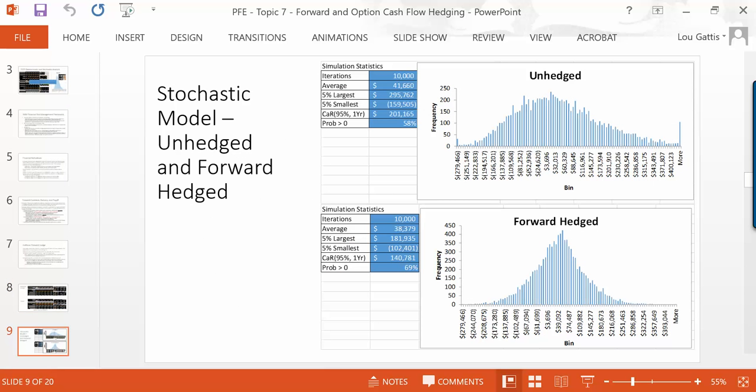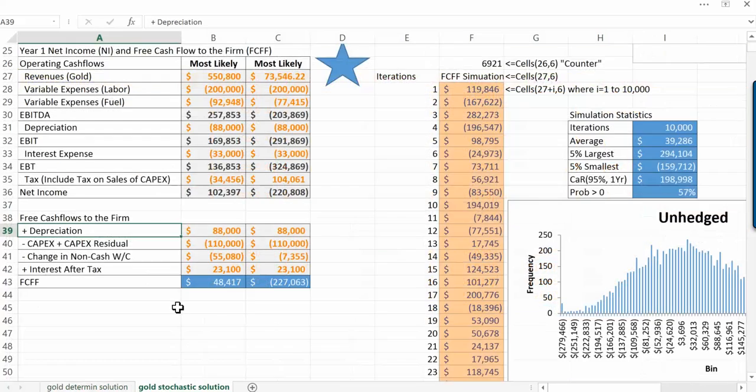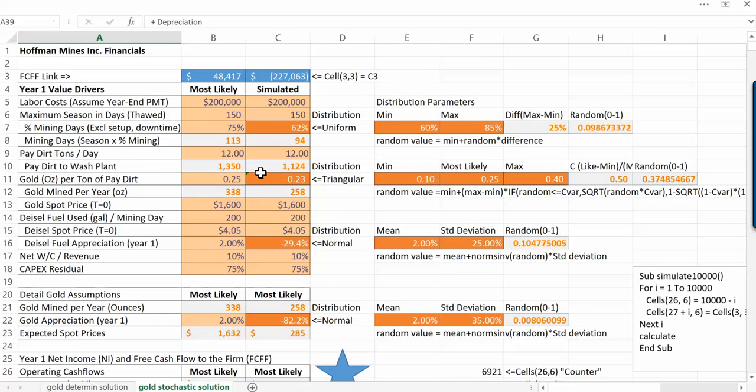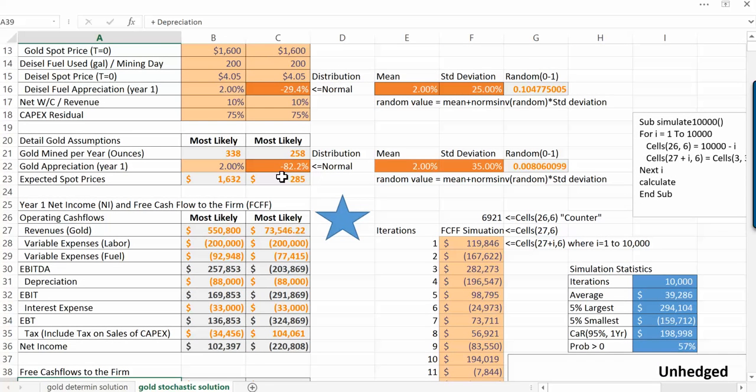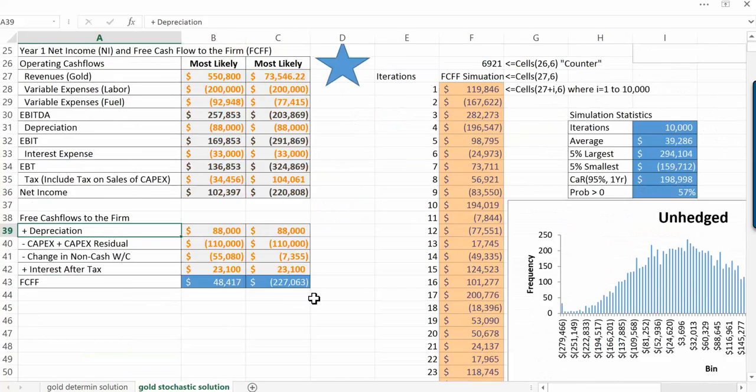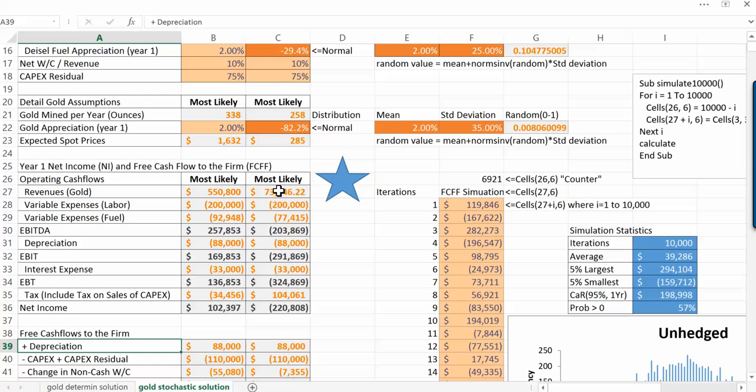And I can also build that into the stochastic model. So here's my stochastic model. Notice I'm going to do a few F9s here and watch what happens. Well, I can look at this one right here. So my last random outcome was gold was down 82%. And as you can guess, cash flows were terrible. But if at the beginning of the year, Todd could enter into a forward contract that has a payoff of 16.32 minus whatever gold prices are times 338, the quantity specified in the contract.